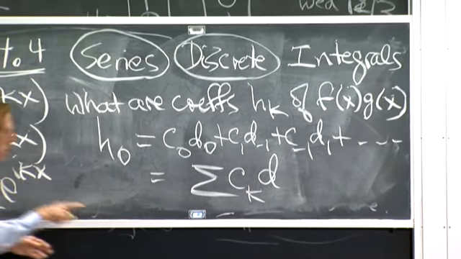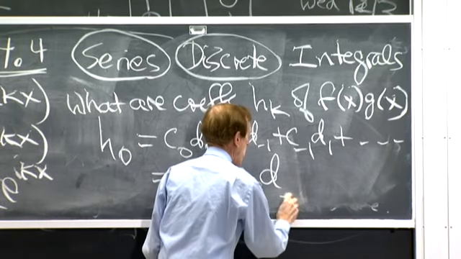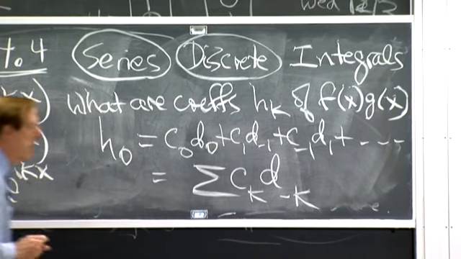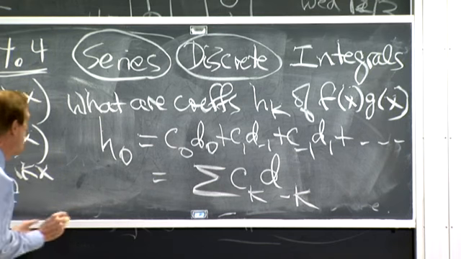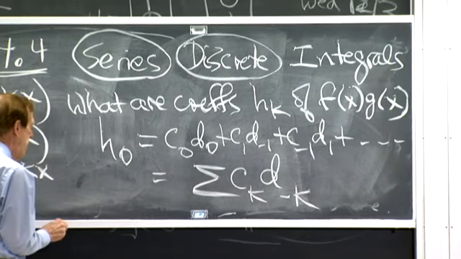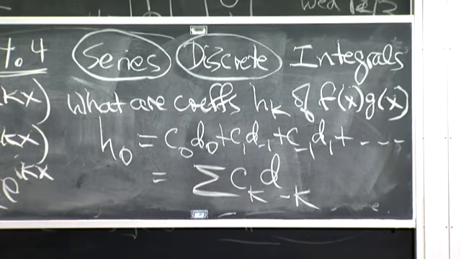That's what you told me at the start, and that's the pattern that keeps going. Okay, that's h0. The sum of ck times d minus k. Now, we have just time to do the next one. We've got time but not space.